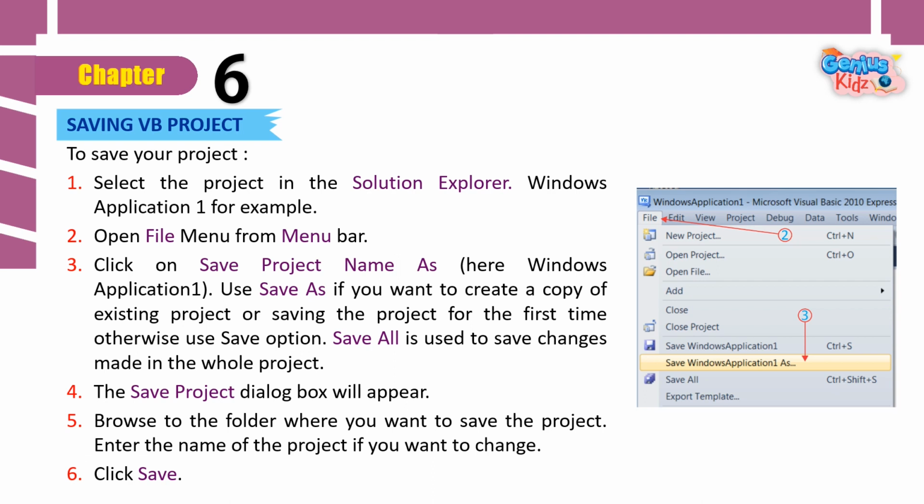Use Save As if you want to create a copy of an existing project or are saving the project for the first time; otherwise use the Save option. Save All is used to save changes made in the whole project. 4. The Save Project dialog box will appear. 5. Browse to the folder where you want to save the project. Enter the name of the project if you want to change it. 6. Click Save.